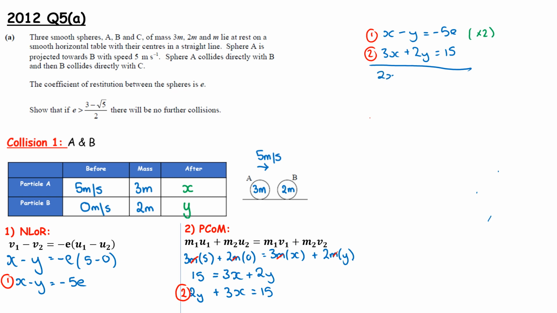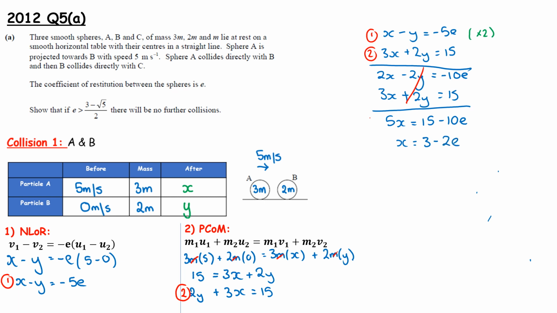So we have 2x minus 2y is equal to minus 10e, and the second equation stays as is. The y's eliminate, and we're left with 5x equals 15 minus 10e. Going to divide across by 5, and that gives us x equals 3 minus 2e.